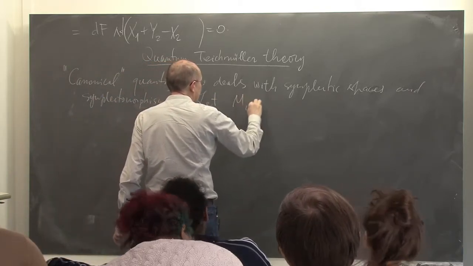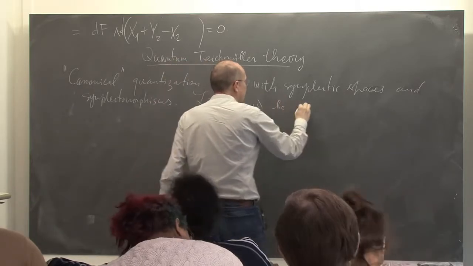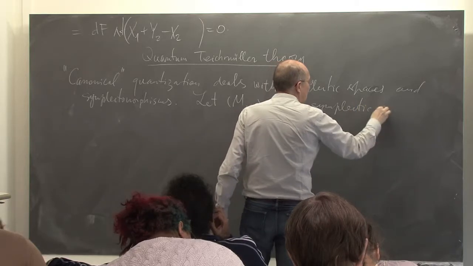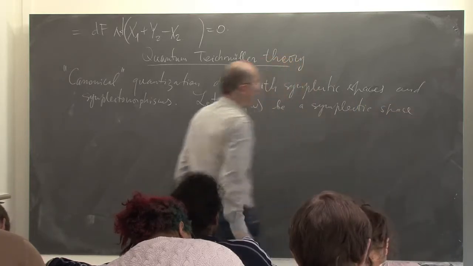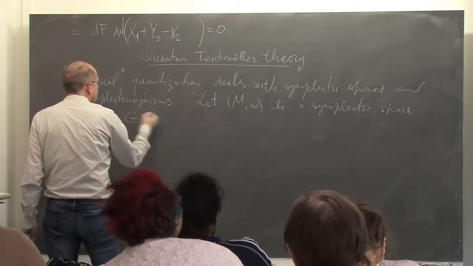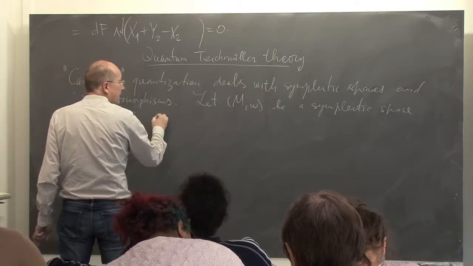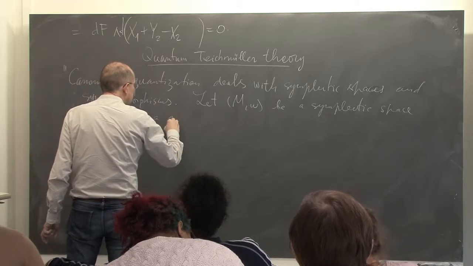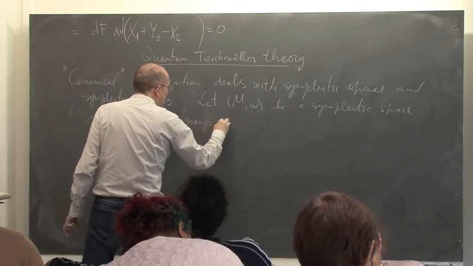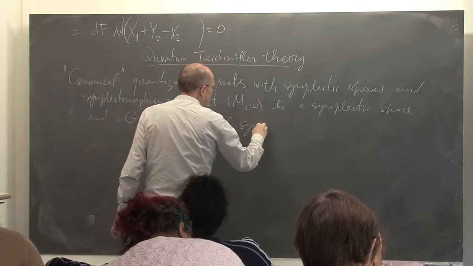Let (M, omega) be a symplectic space, and G a subgroup of symplectomorphisms.